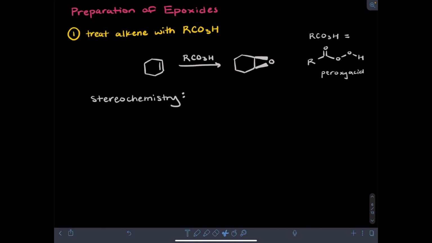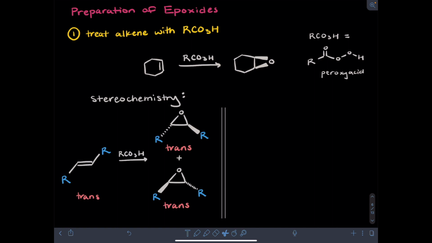In terms of preparing epoxides, we need to consider stereochemistry, because the epoxide stereochemistry is going to reflect the stereochemistry of the alkene starting out. Treating a trans alkene with a peroxy acid will generate two stereoisomers of product, each of which has trans stereochemistry.